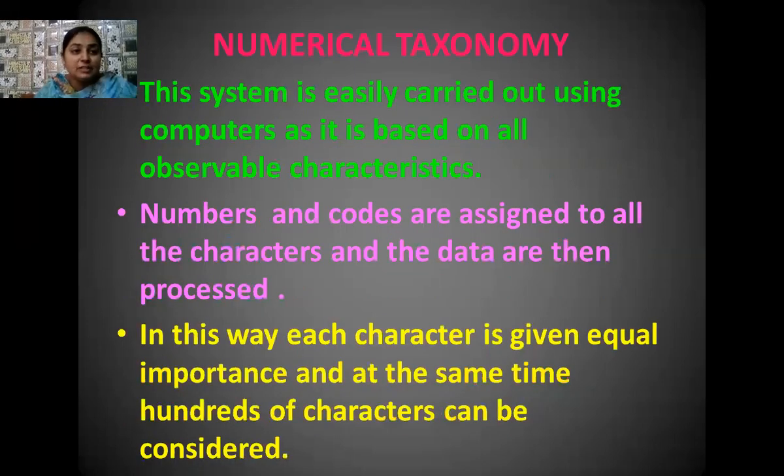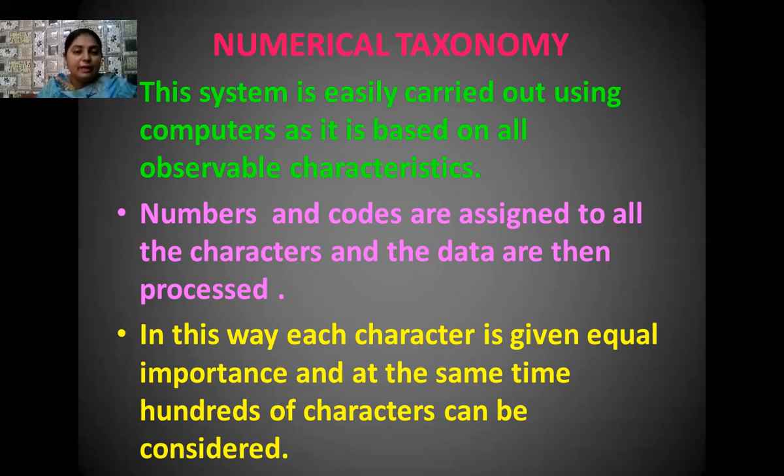Yes, student, the fourth system of classification is known as numerical taxonomy. This system is easily carried out by using computers. It is based on all observable characters. What the scientists do in this system of classification is that numbers and codes are assigned to the characters, and the data are then processed.